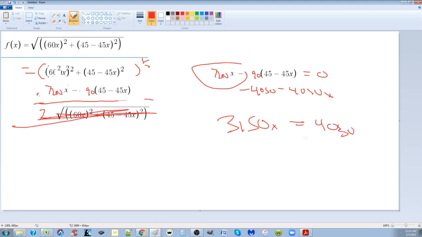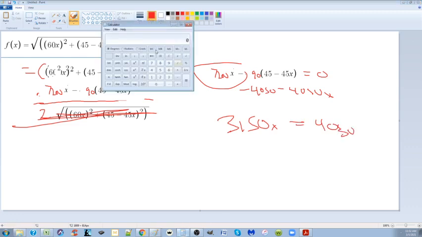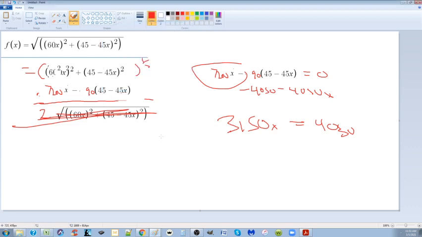Now I just divide 4050 by 3150. And I get the wrong answer because I divided the wrong things by the wrong things. Yeah, I did something wrong. Too bad it was going so nicely there. That's going to be smaller. 7200, I got that right.